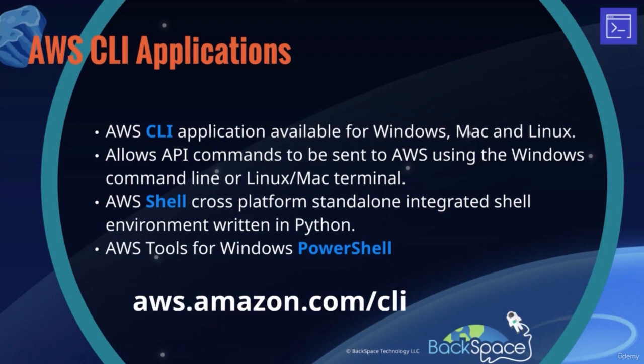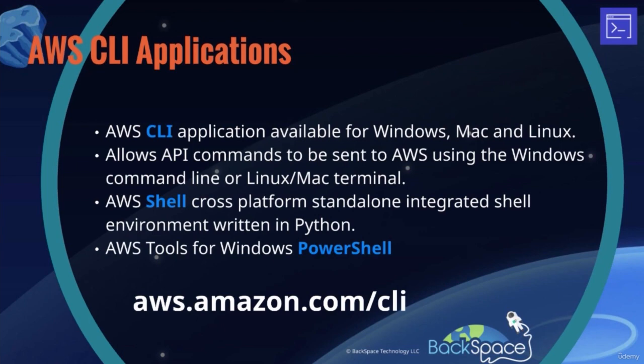And it allows those API commands to be sent to AWS using the Windows command line or a Linux or Mac terminal application. There is also the AWS Shell application, which is a cross-platform standalone integrated shell environment written in Python that can provide even more features and more automation features to the CLI application.